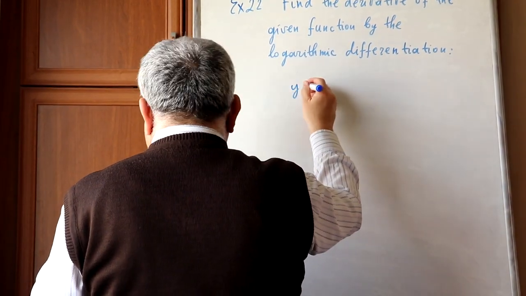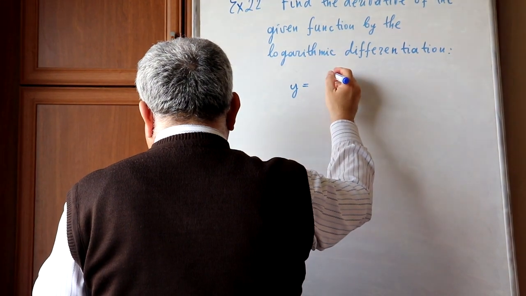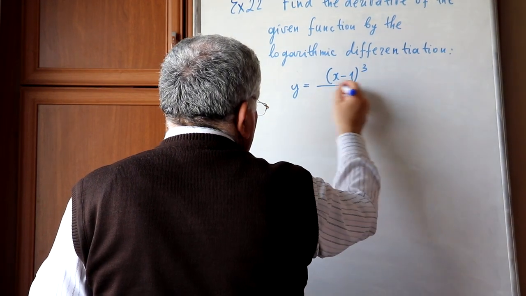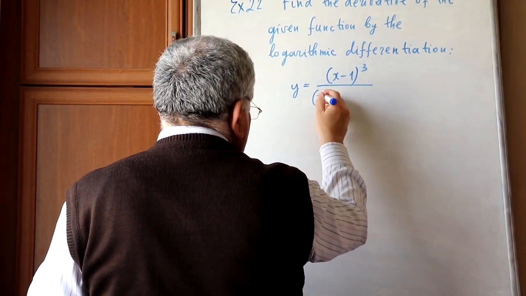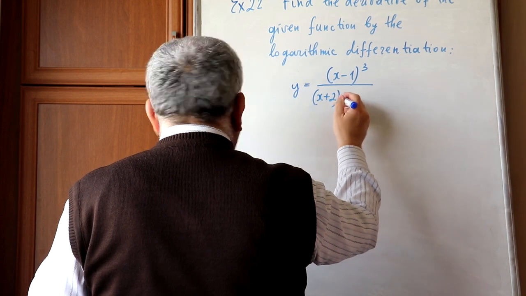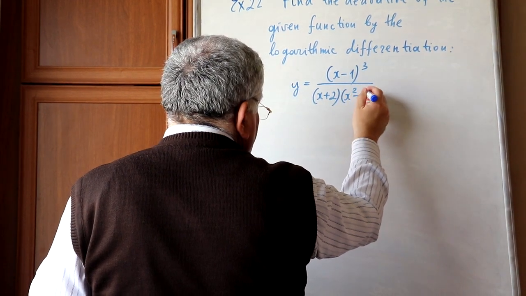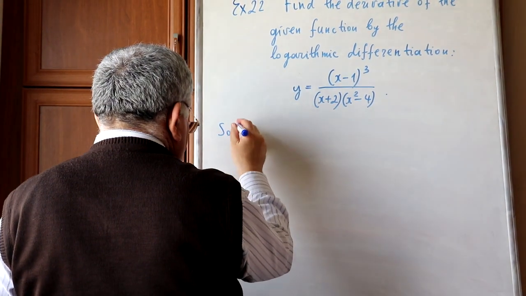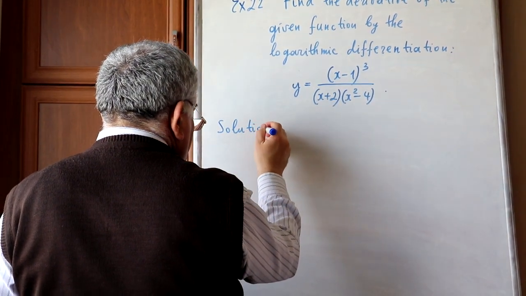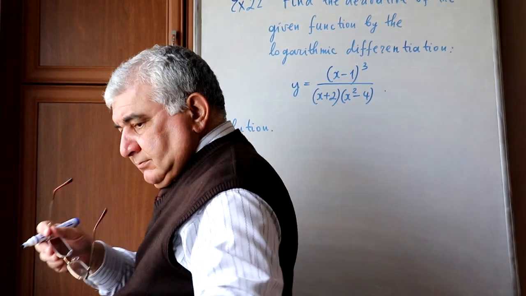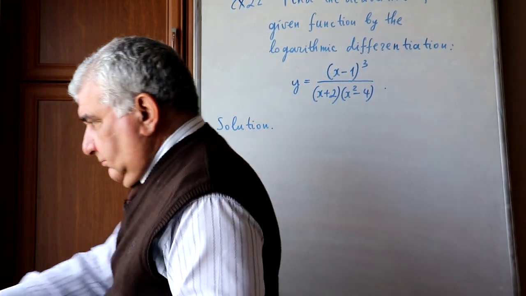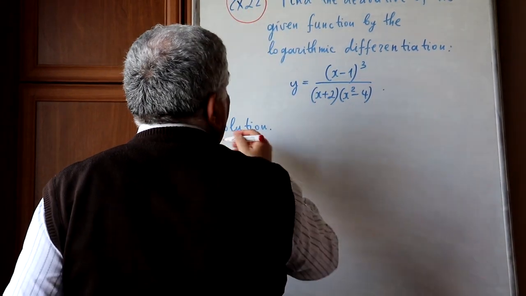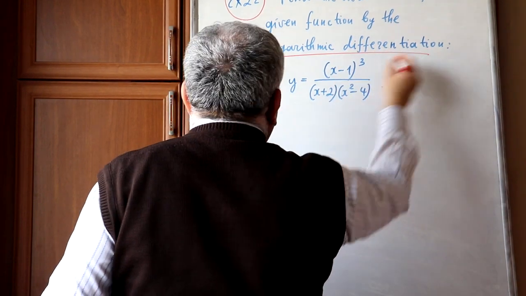Y equals x minus 1 cubed over x plus 2 multiplied by x squared minus 4. Solution. Logarithmic differentiation. Solution.